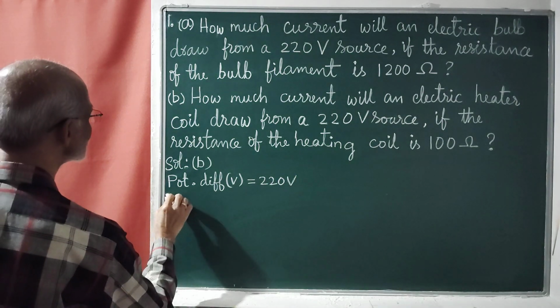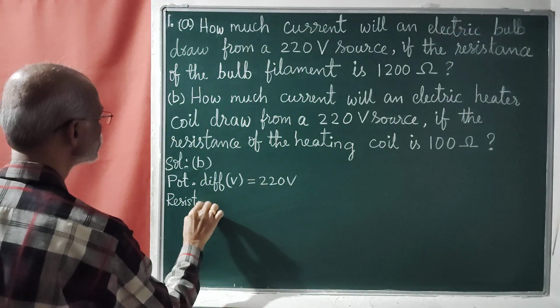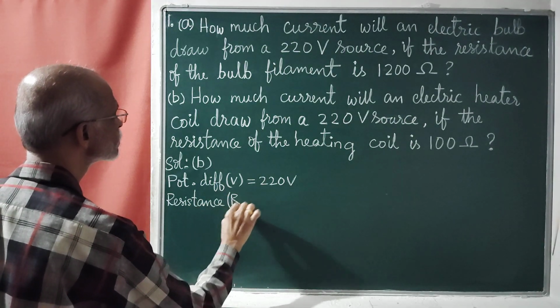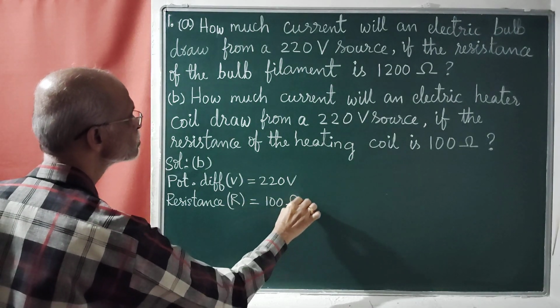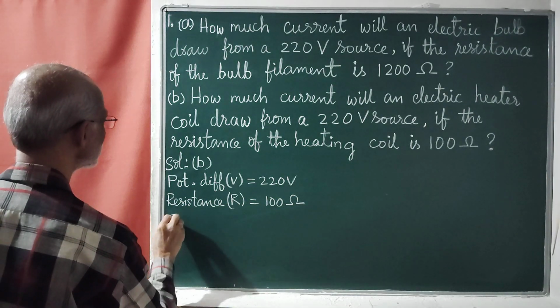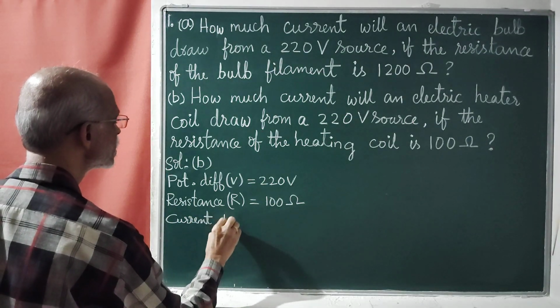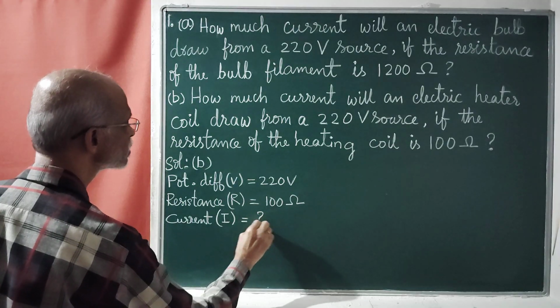Then they are given the resistance, R, 100 ohms. We will calculate the current. I we have to calculate.